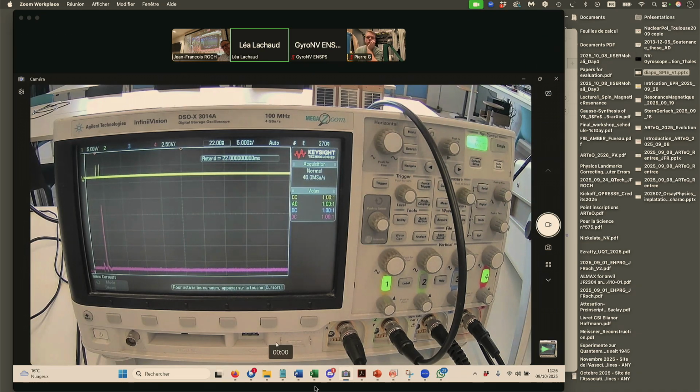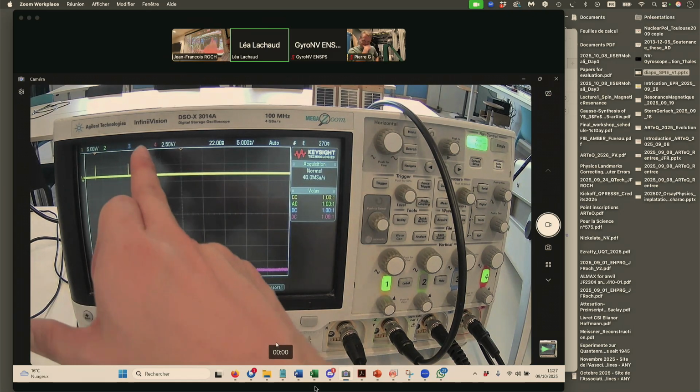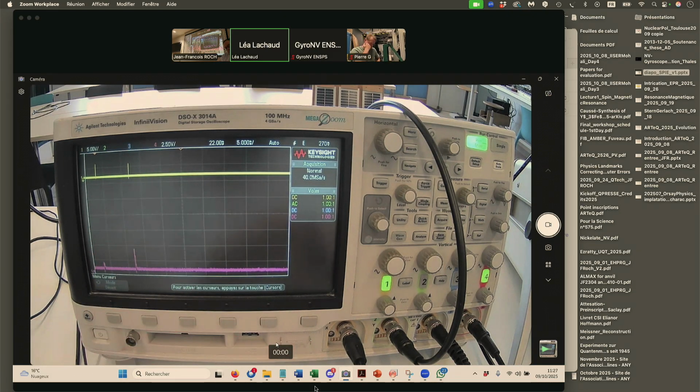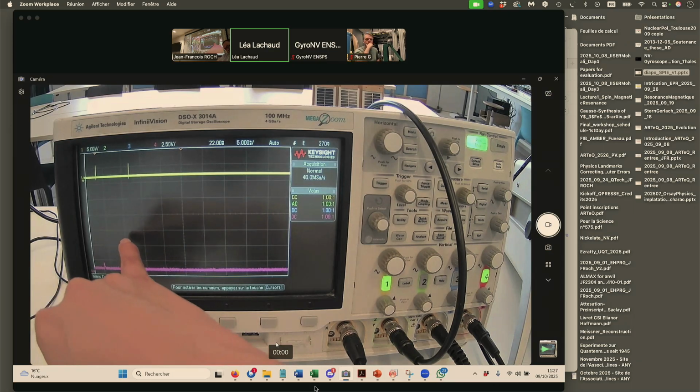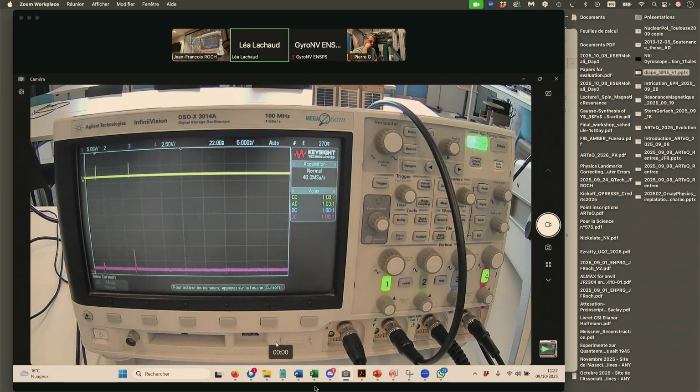I start from here, and I vary the duration between my two pulses, and you see that the amplitude of the response to the imaging pulse, the pi half pulse, which converts the Z magnetization into transverse, detectable magnetization, decreases with time until it reaches a minimum, and it starts to grow again.